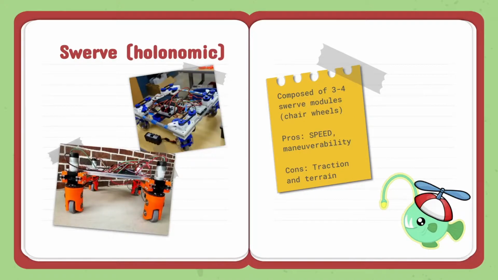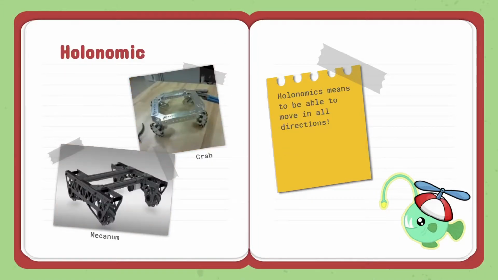So with swerve, they are composed of 3 to 4 swerve wheels, like chair wheels. The pros with them are speed and maneuverability. However, they're not great with traction, and terrain is a big no. The last one is holonomic, and these are focused more on maneuverability. Mecanum wheels are a perfect example.